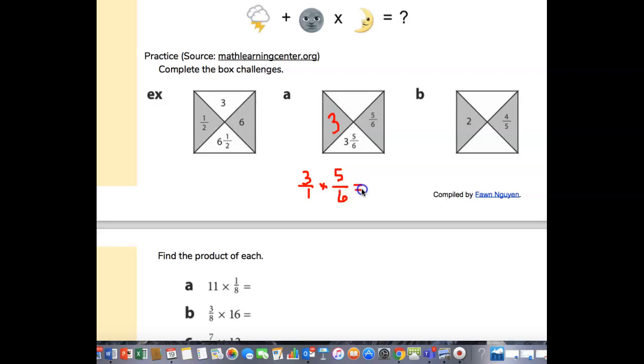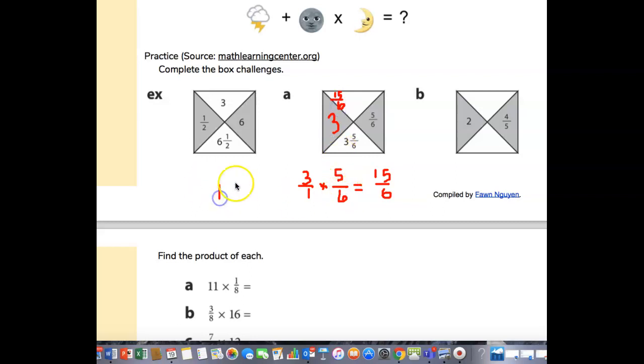3 times 5 is 15. 1 times 6 is 6. So we could say 15/6. But it's probably best, and I would guess your teachers don't want you to leave it as an improper fraction.